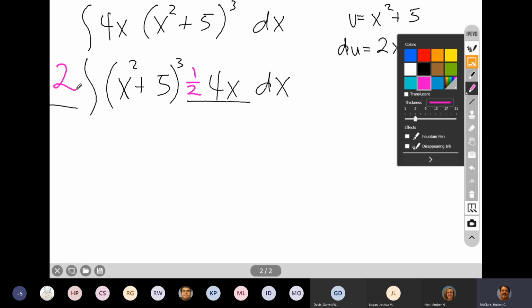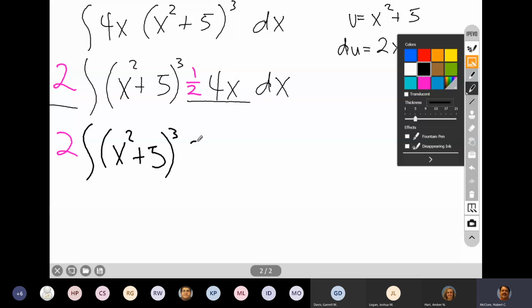But I'm going to put a step right in here. I'm going to put 2 times the antiderivative of (x squared plus 5) to the 3rd power, 2x dx.